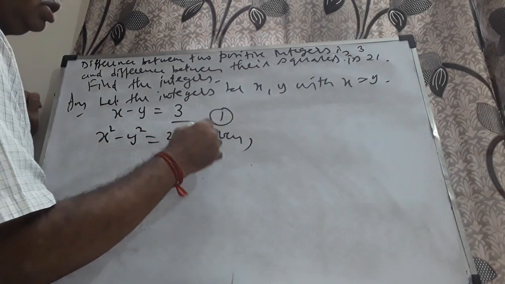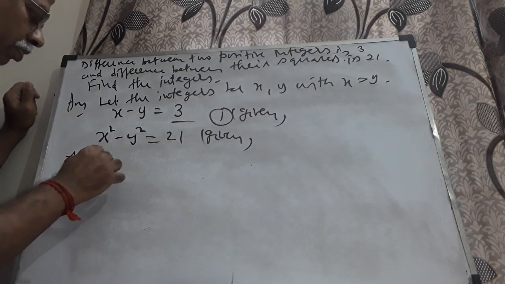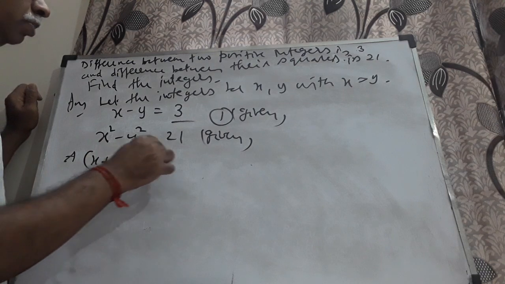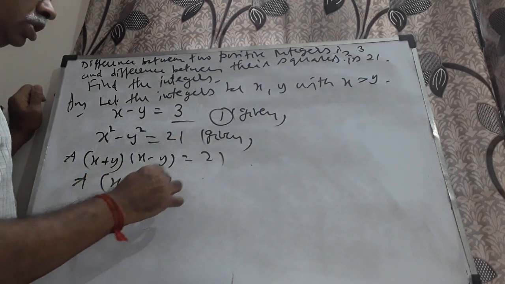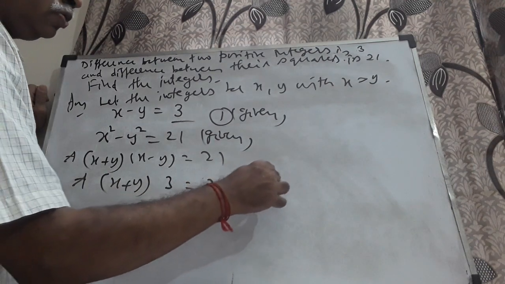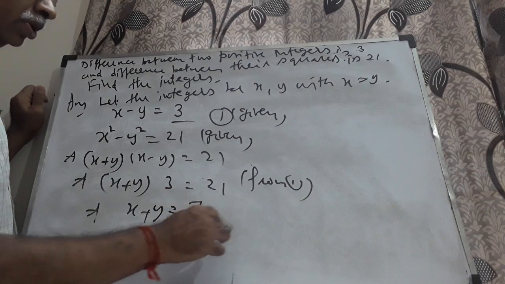These both are given. Which will imply x plus y into x minus y is equal to 21. x plus y into 3 is equal to 21. This is from 1, which implies x plus y is equal to 7.